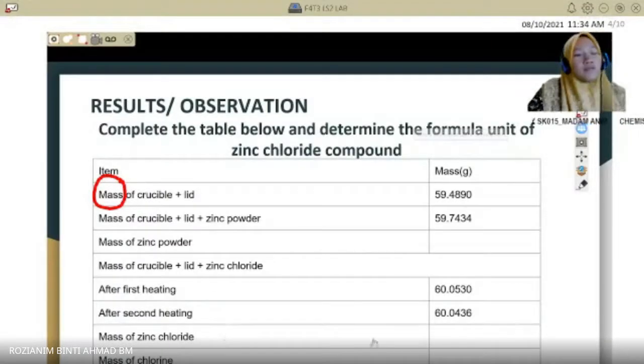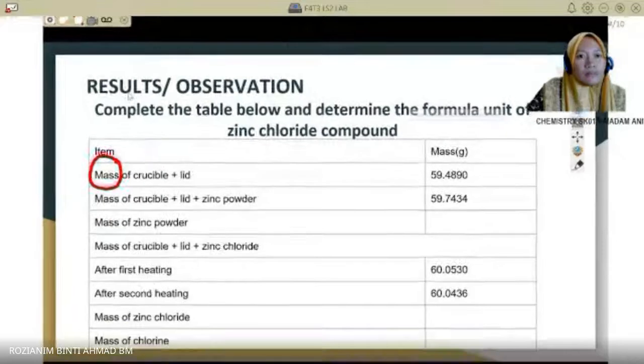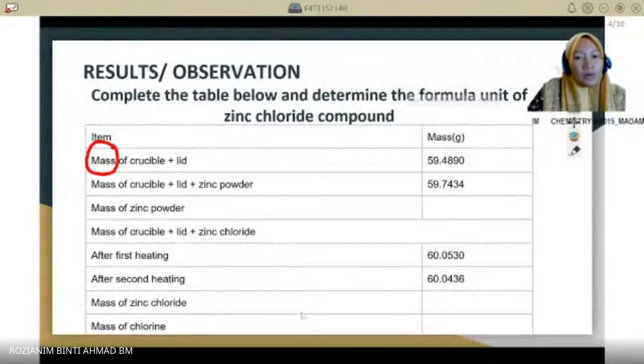Okay, so the first target experiment, we should measure the mass of crucible and lid. But according to the video given tadi, dia tak ada lid, bermaksud label dia adalah mass of crucible. Tapi sekarang saya nak letak lid. So means the data for first reading adalah 59.489.